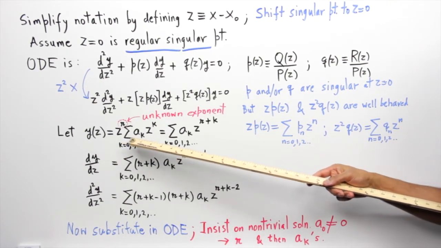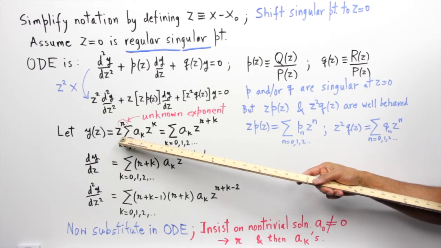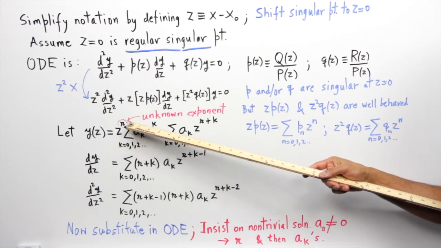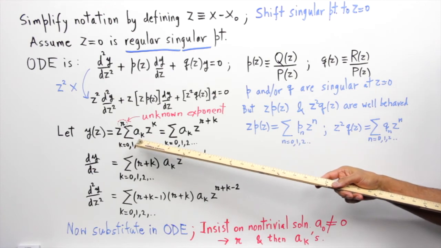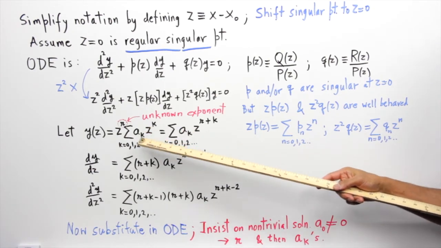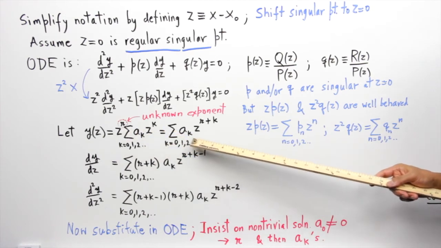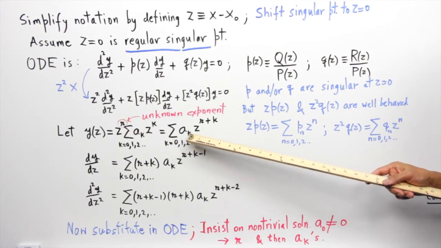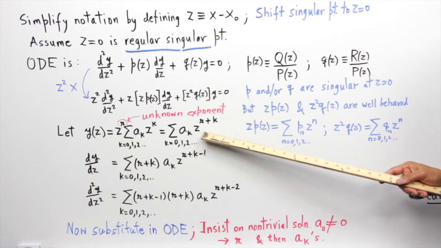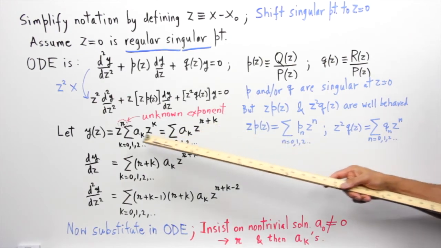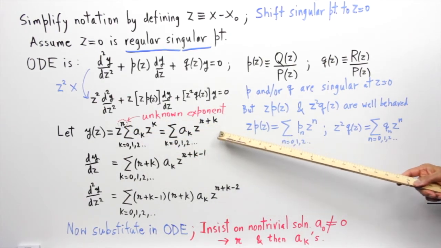So the solution will become singular as z goes to 0. But at this stage, we say r is an unknown exponent, and we're going to have a method to determine r. And so we're just rewriting this by absorbing this power inside. And so we can simply say that sum a_k as the coefficient, z raised to r plus k, we just brought this power inside, and so we can write that.